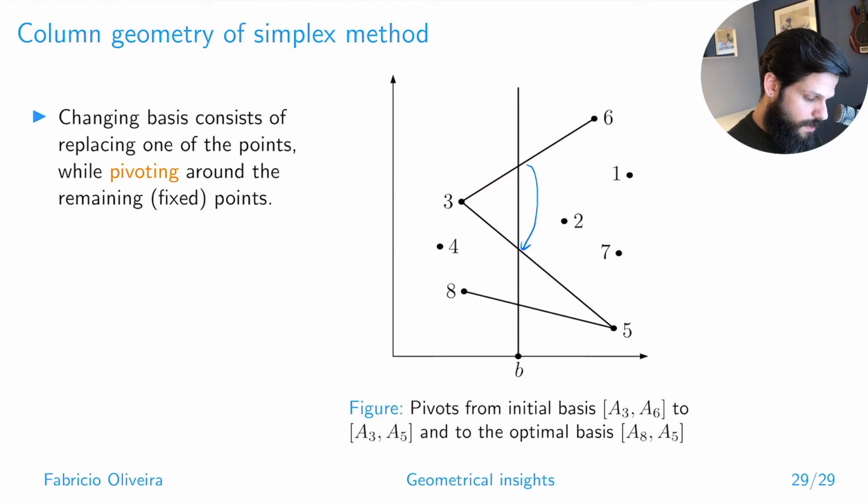And when I get to here, what I have to ask myself is, can I improve? And the way to answer that is by looking at the reduced costs associated with these other elements. The answer would be yes, because there is a basis down below, by replacing 3 with 8, that makes me go even further down in the objective function value.